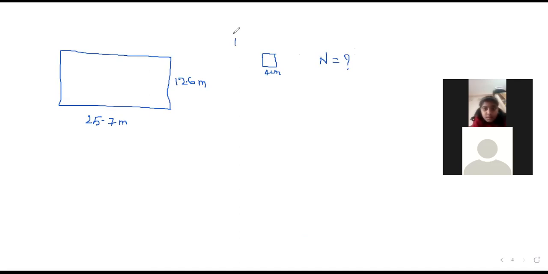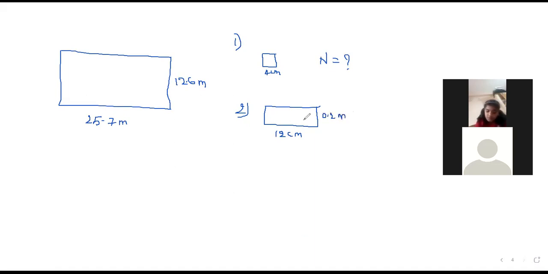Question number 1, same data. Question number 2, copy fast, we don't have the time. Same dimensional room. The tiles are in the shape of a rectangle and its dimensions are 12 centimeters and 0.5, 0.2 meters.